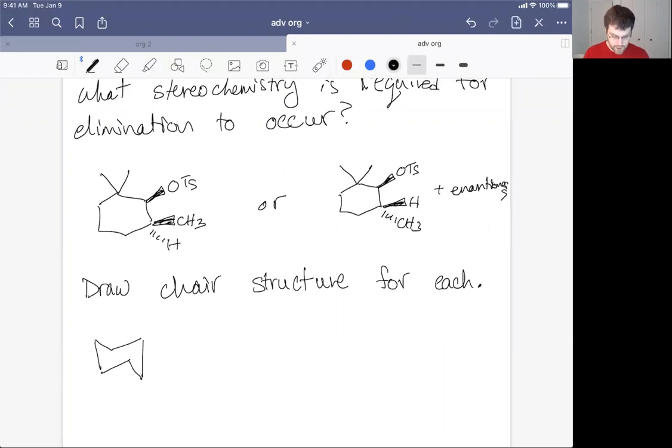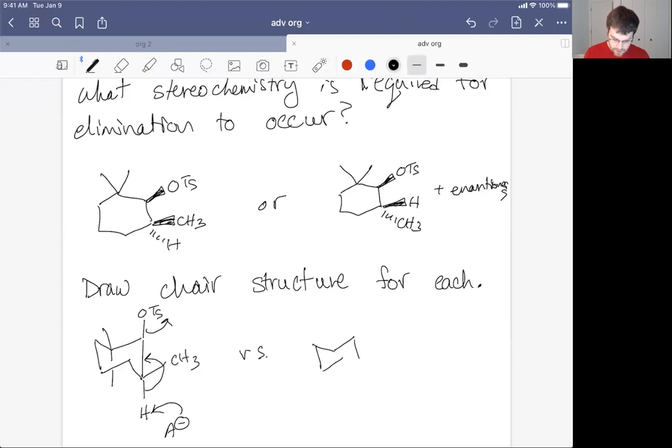Okay, so in this first chair, I'm going to put the OTS up because it is a wedge. And then over here would be the two methyl groups. And then here the CH3 is up and the H is down. So I'm going to let A minus, which is my base, come in, grab the H, push the electrons over, and then kick off the OTS.